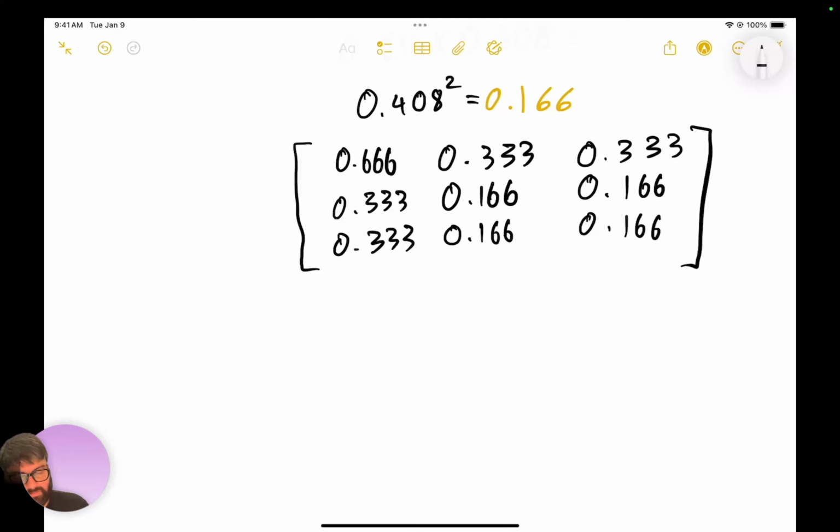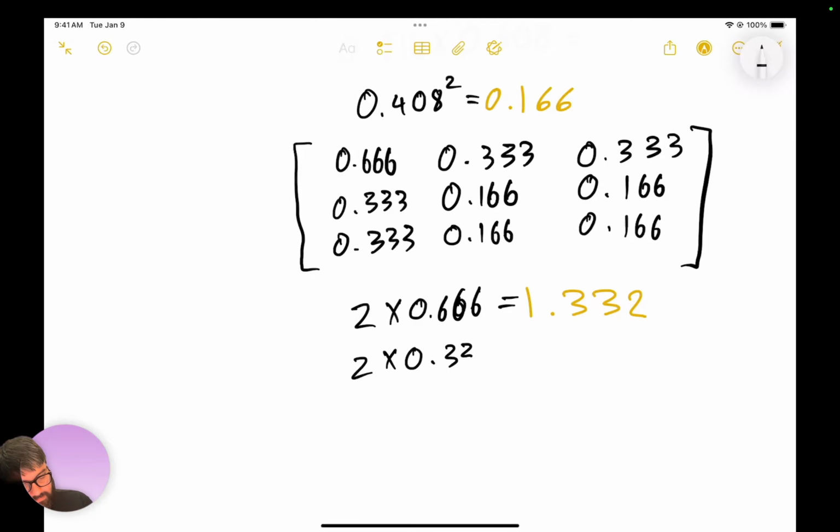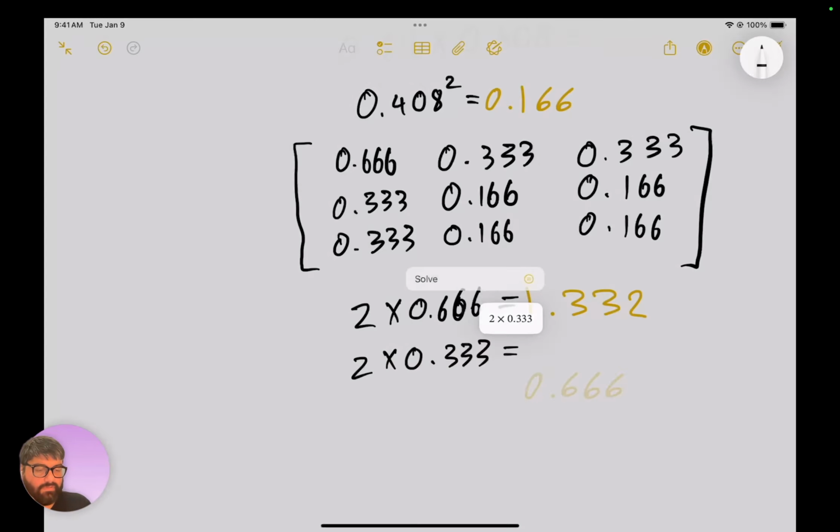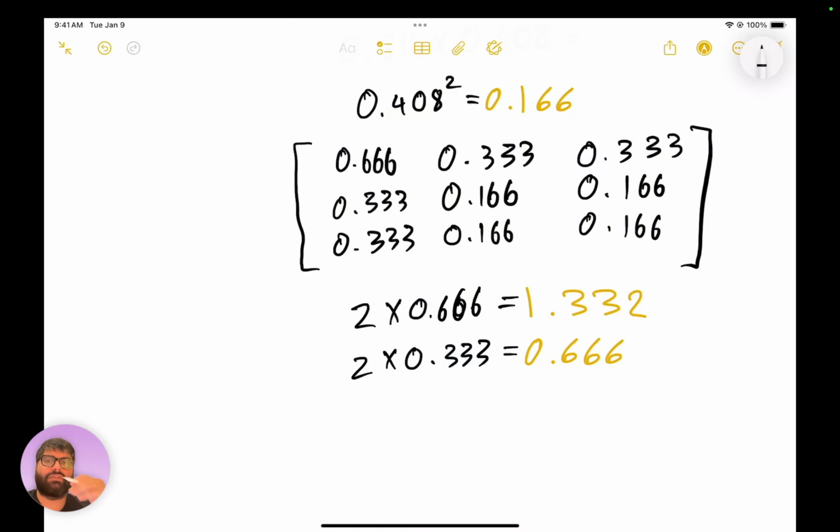Now we multiply all this by 2. So let's just figure those out. 2 times 0.666 equals, solve. Okay, 2 times 0.333. And I know there are floating point errors here. I'm just going to go with it, and then I can compare and contrast. Obviously, I know there's going to be precision loss, but that's okay.